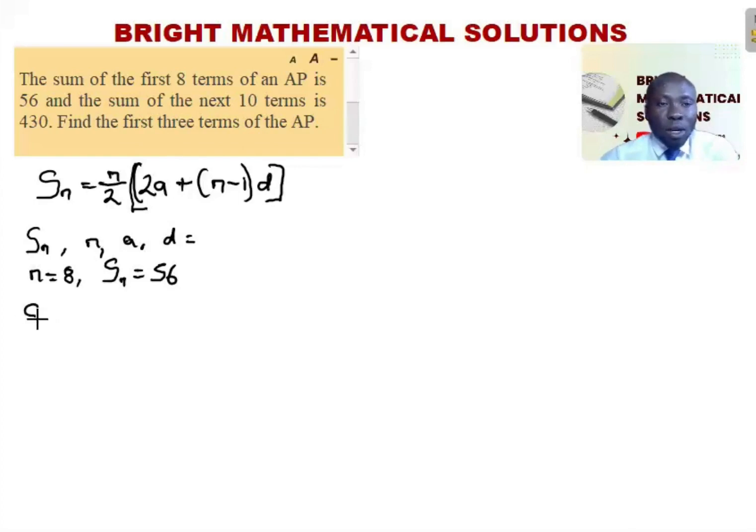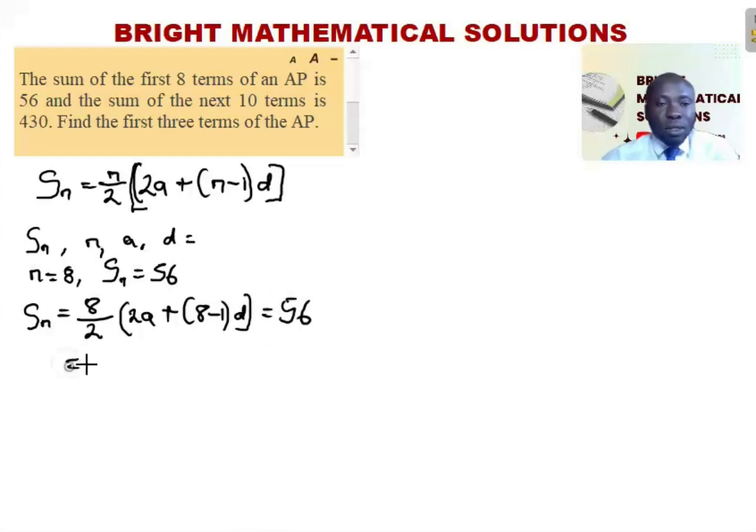Therefore, Sn equals 8 over 2 into (2a plus (8 minus 1)d) equals 56.